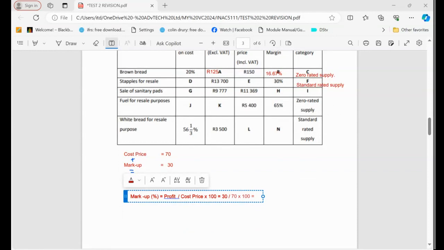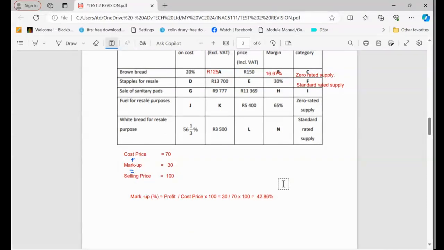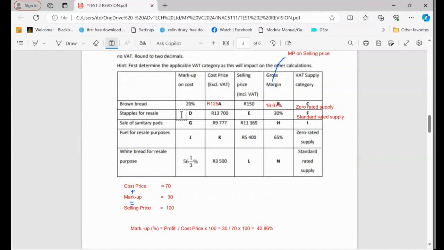On my calculator, I get 42.86. That's my answer. So the markup will be 42.86.